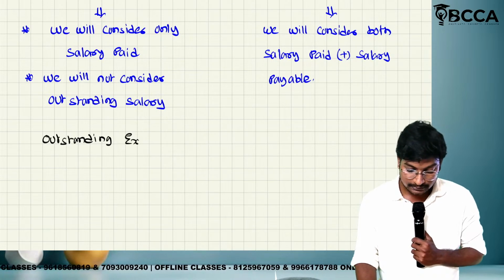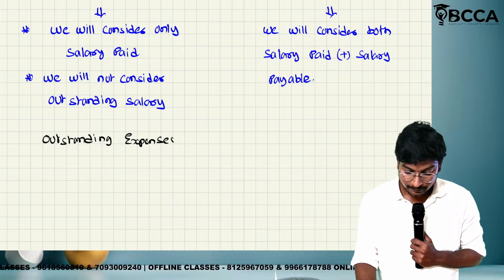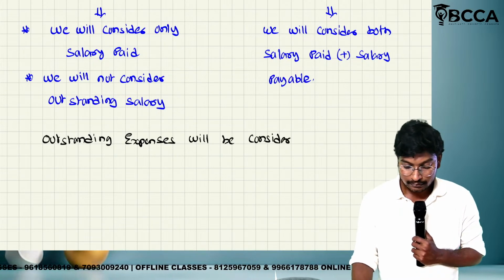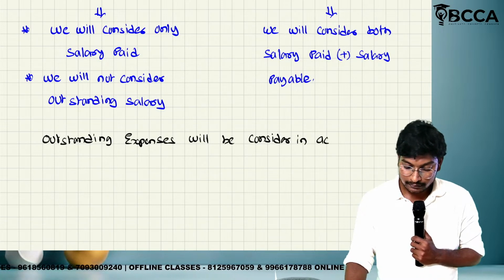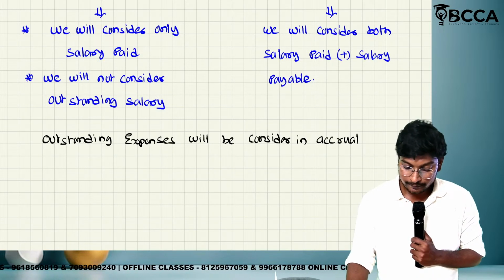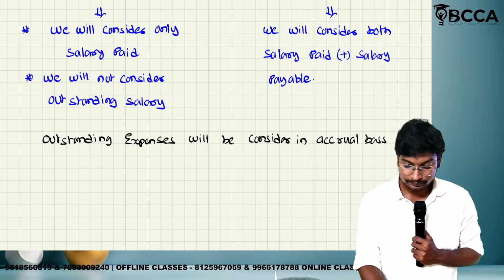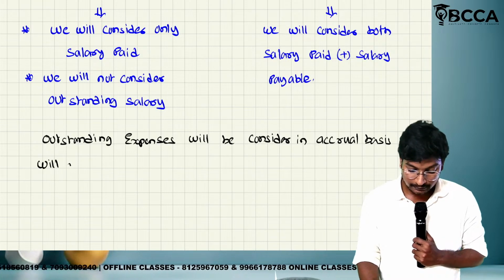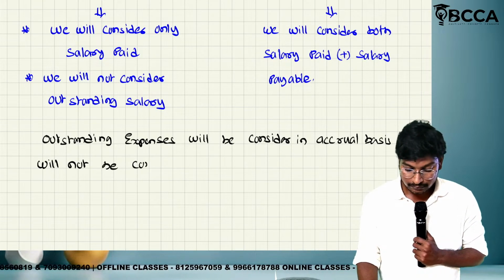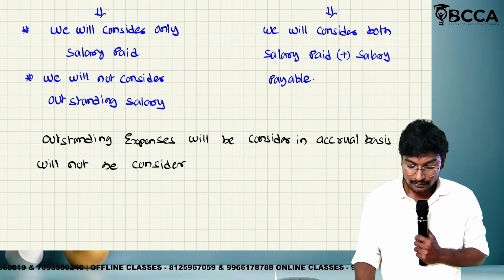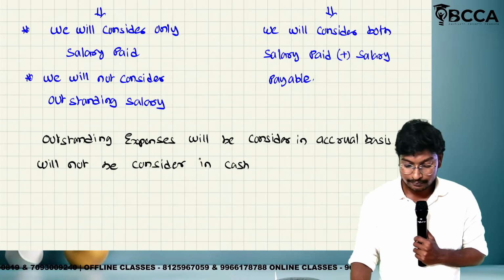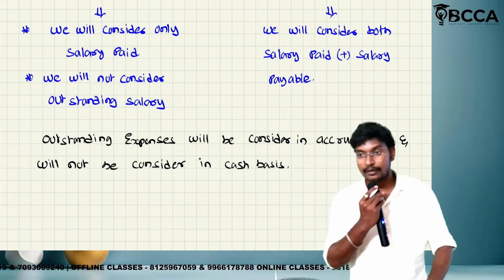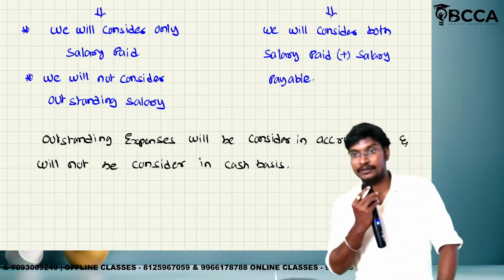Outstanding expenses will be considered in accrual basis and will not be considered in cash basis. Did you get the point? So this is how I have concluded the outstanding expenditure.